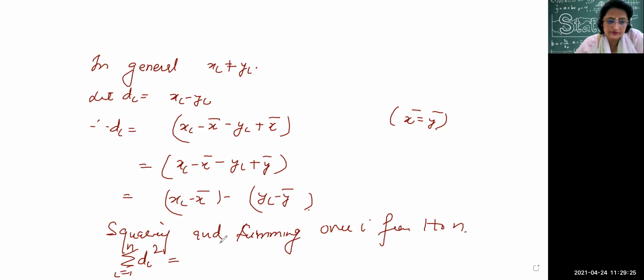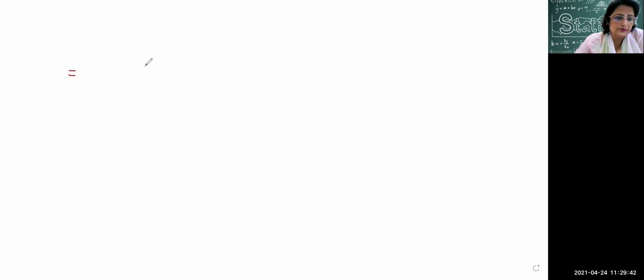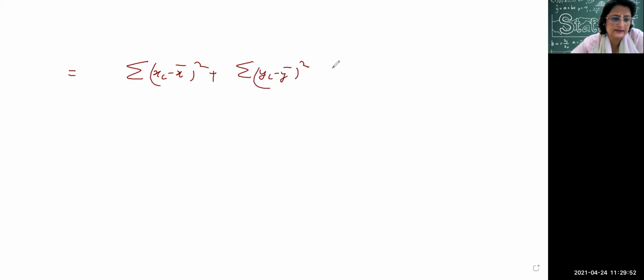So first of all, the square of this whole thing will come: xi minus x bar minus yi minus y bar, right? The square of this whole thing and summation i running from 1 to n. Now we will solve this. So this is equal to summation xi minus x bar whole square, we will apply the formula of a plus b whole square, summation yi minus y bar whole square minus 2 summation xi minus x bar into yi minus y bar, right?